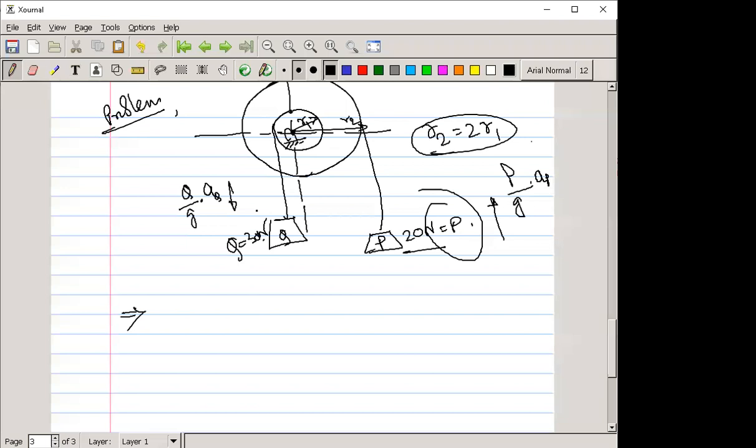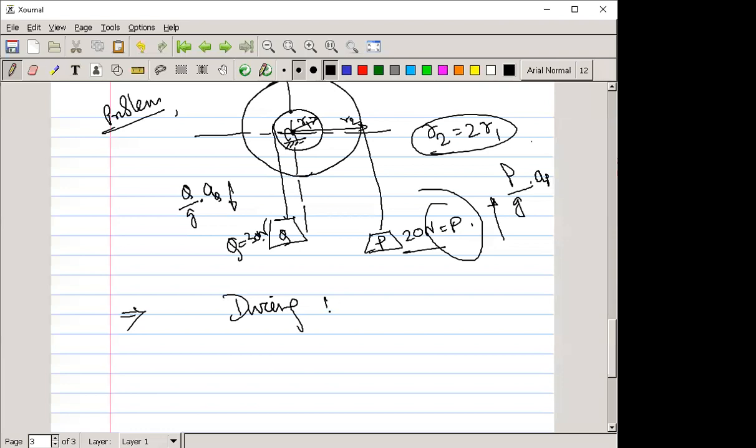Now, both pulleys are connected on the same shaft, the same position. Remember, this is a very important concept.